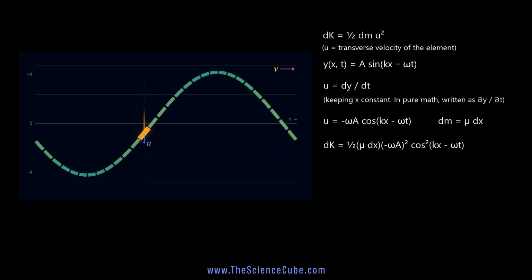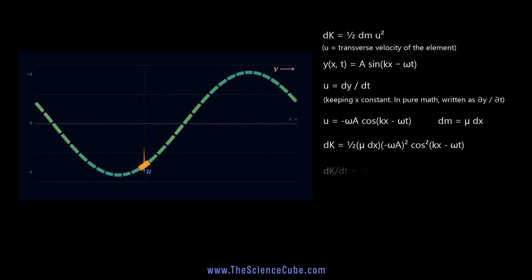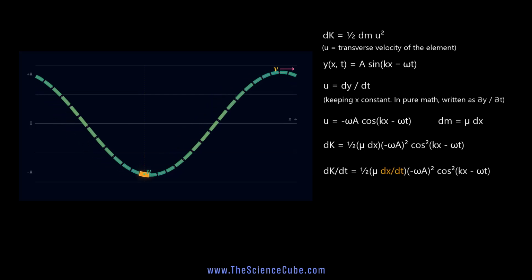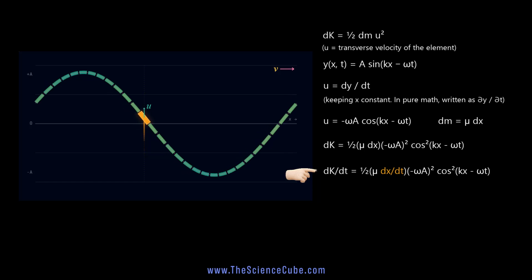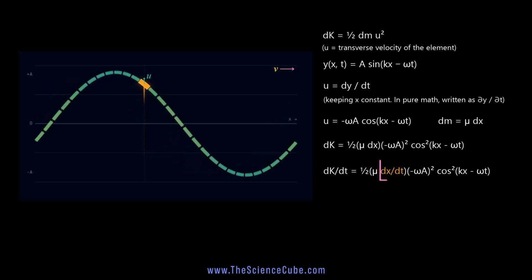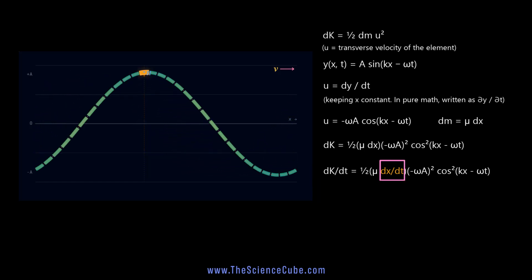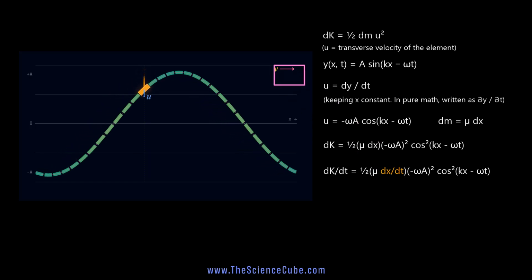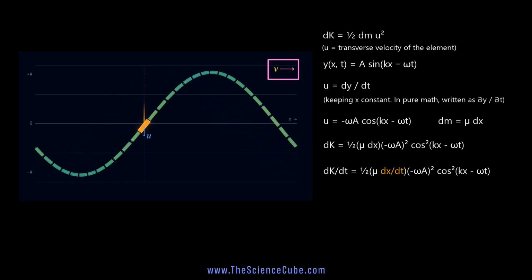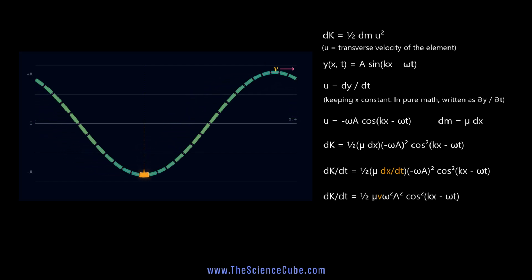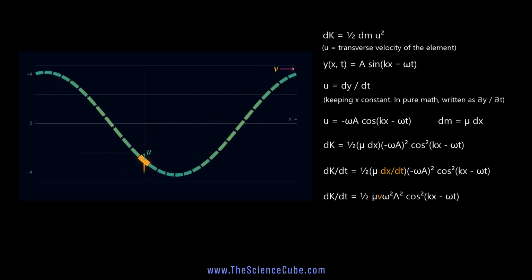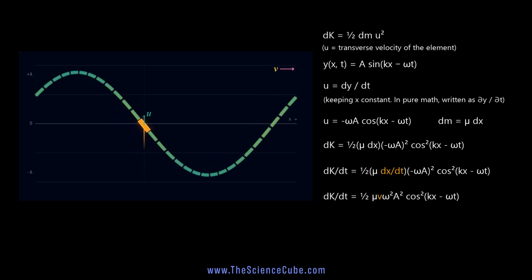Now, if we divide both sides by dt, what we get is the rate at which kinetic energy passes through a string element. Notice, since dx/dt is simply the wave speed v, we arrive at dK/dt = ½ μ v ω² a² cos²(kx − ωt).